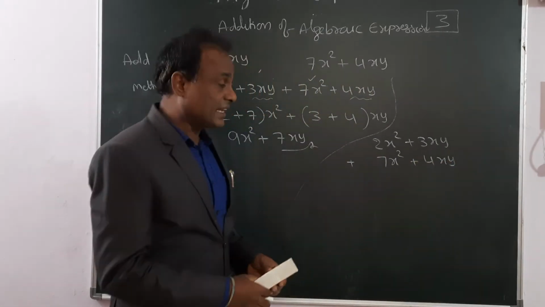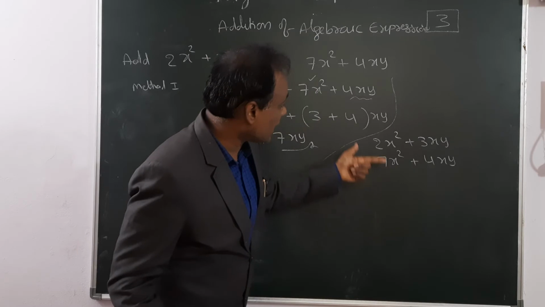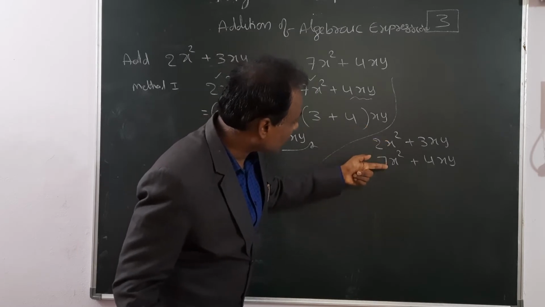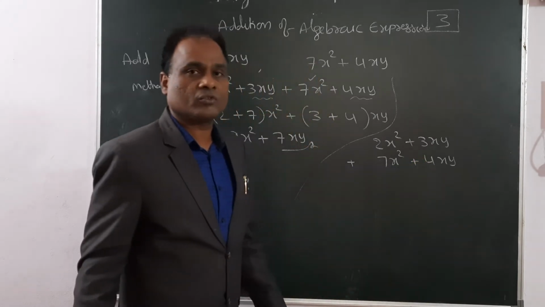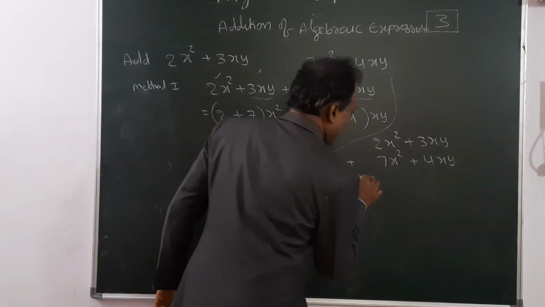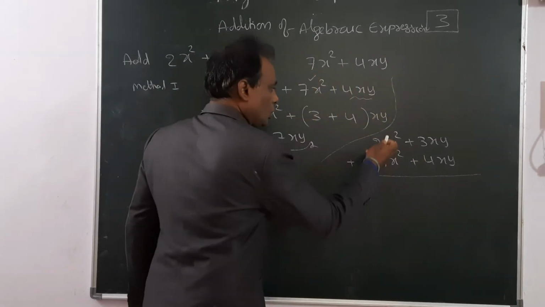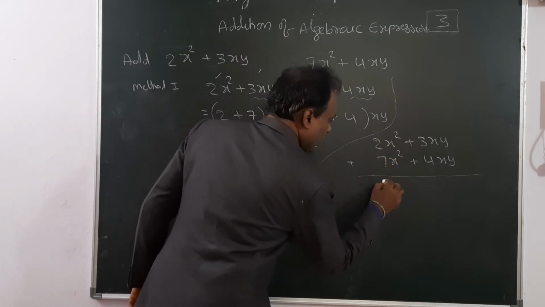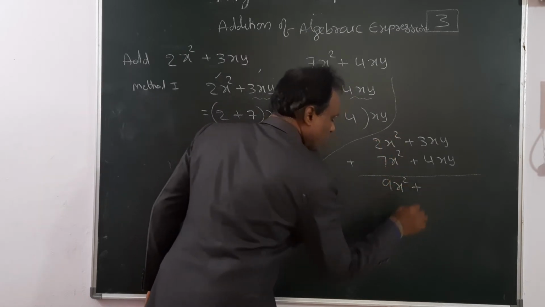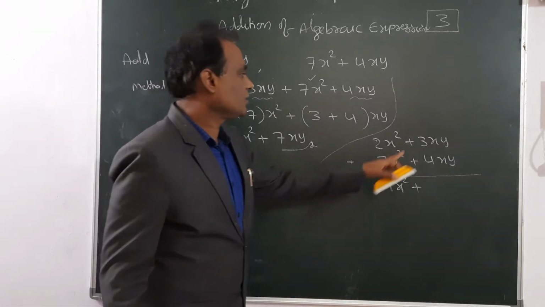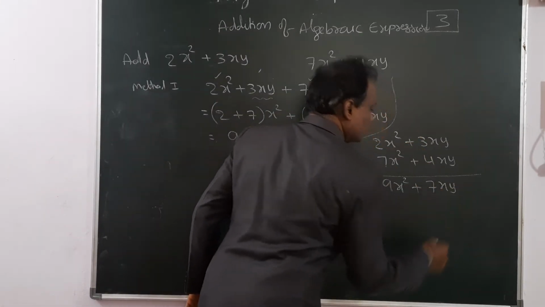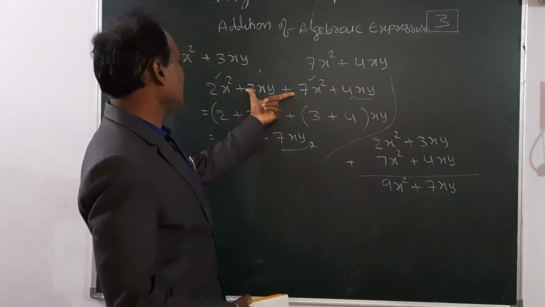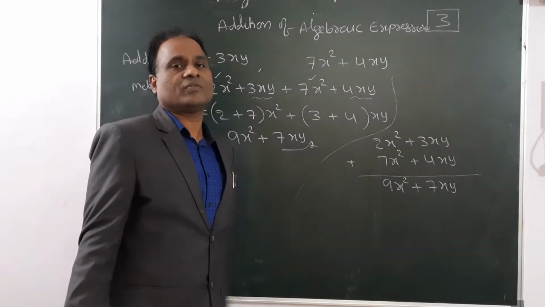When you are writing the second expression, see that below x square we write only x square, and below xy there should be only xy term, so that it will be easy to add. Now I am adding. 2x square plus 7x square is 2 plus 7, 9x square. 3xy plus 4xy is 7xy. You can add like this or like this, whichever is convenient.